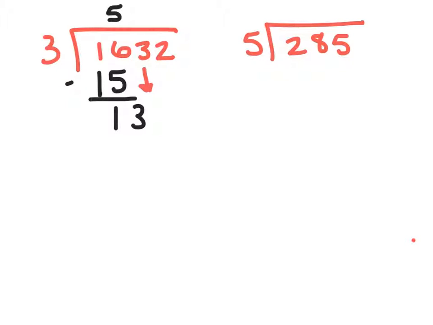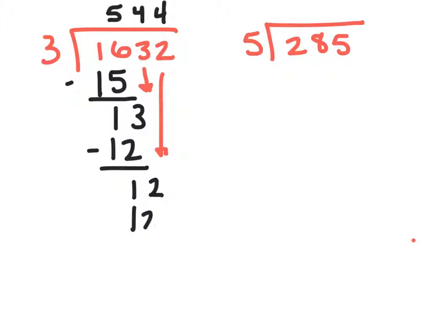And it goes 4 times. 4 times 3 is 12, and then we're subtracting again. We got a 1 remainder. And then we bring down the next number here, and we get ourselves a 12. And 3 times 4 happens to be 12, and we get a remainder of 0.